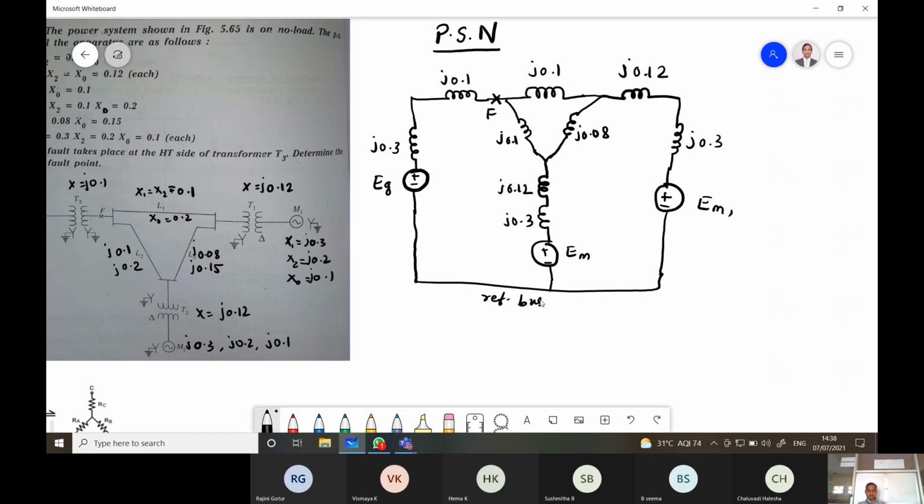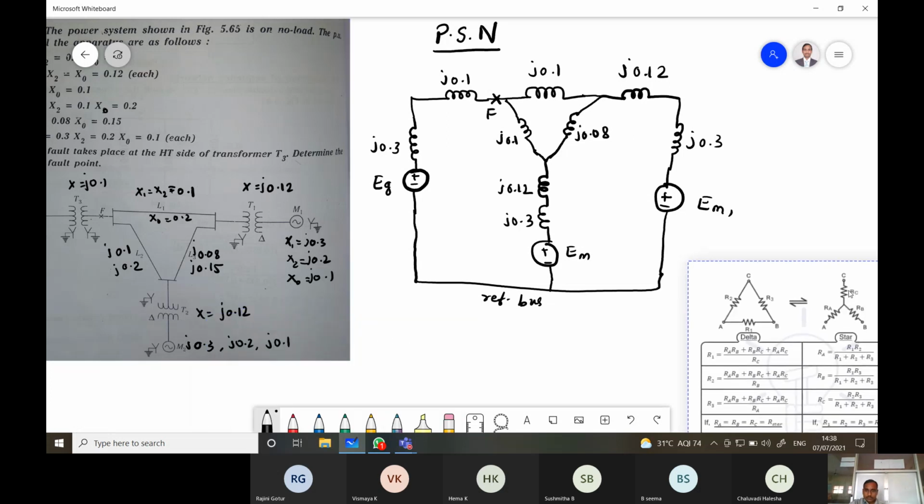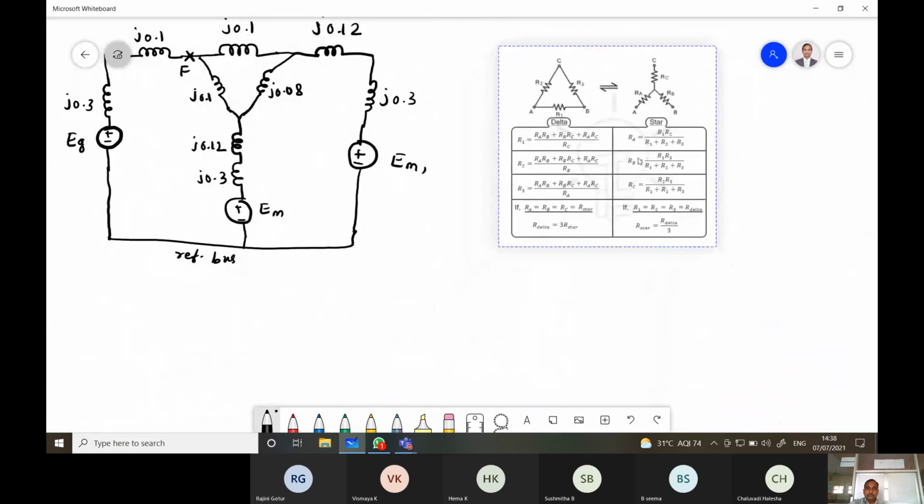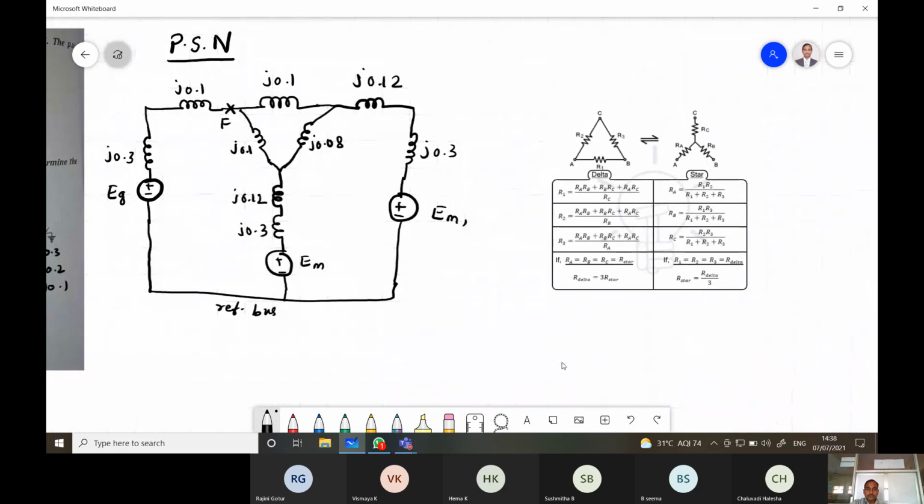So now we need to simplify the circuit. So use delta to star conversion.